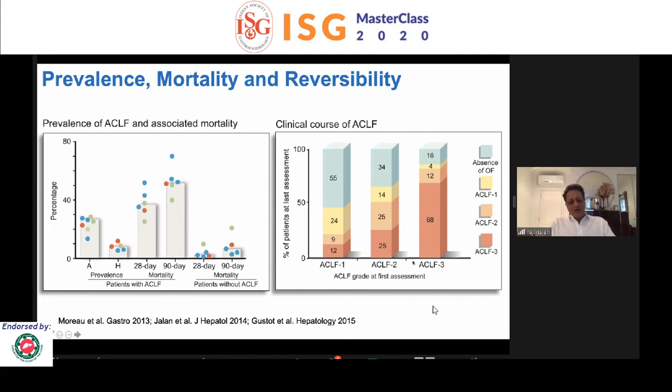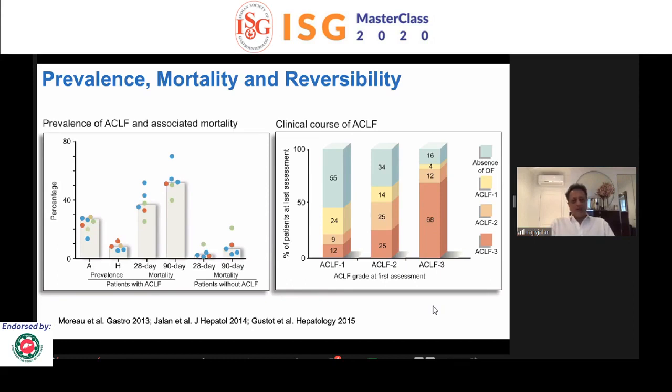If you're able to categorize patients, and not only bucket them because of their prognosis, but also because of the potential for reversibility. So if you're going to develop new drugs, new treatments, new interventions for patients with ACLF, you have to understand which patient populations you can make a difference to.